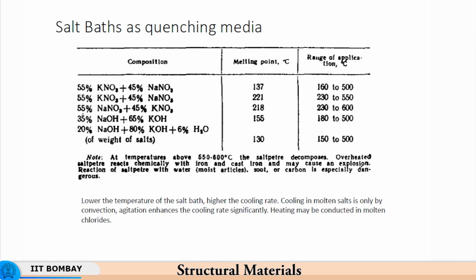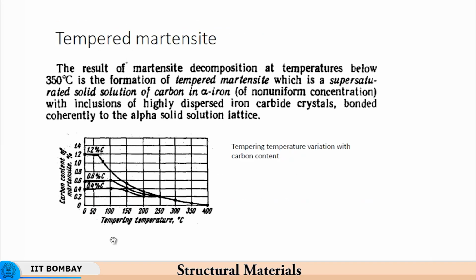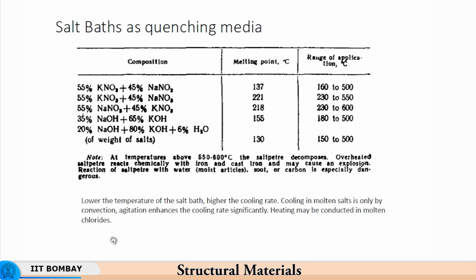So, we have seen these salt baths as a quenching media, and they melt at different melting points. What you do is that the cooling rate is adjusted by the temperature of melting of each of these baths.